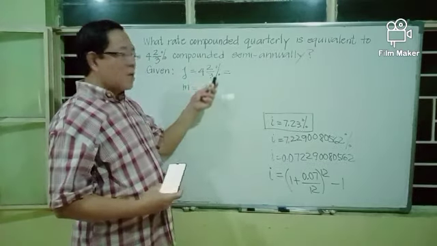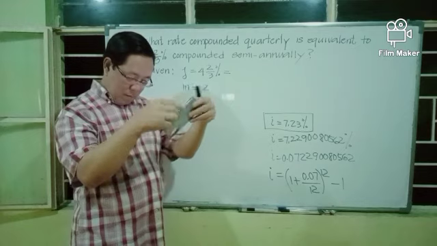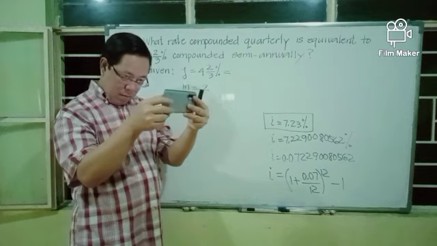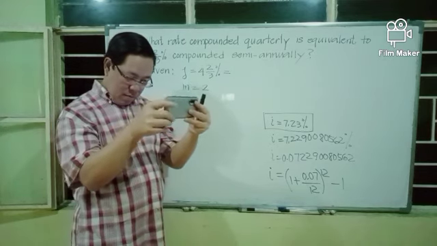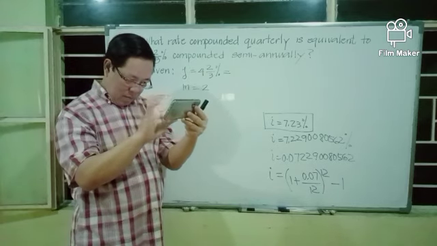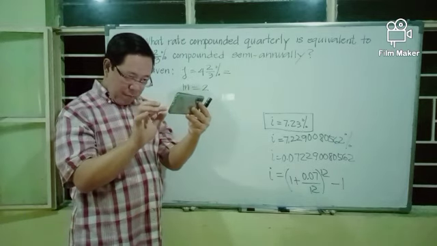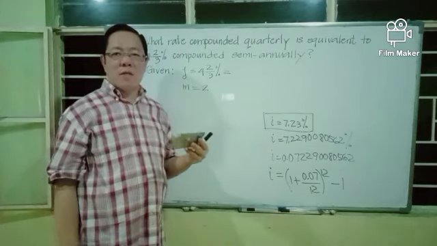We start with 2 divided by 3. We have 2 divided by 3 is 0.666.